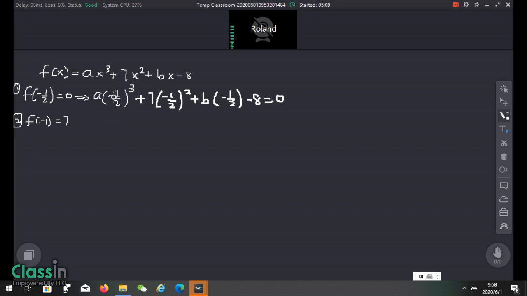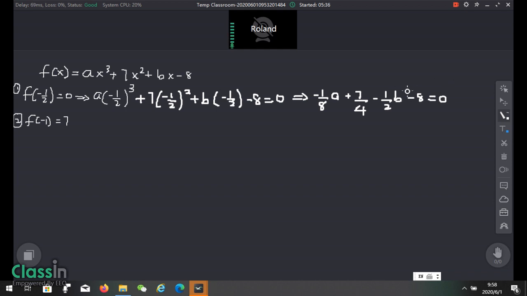So we can simplify this. Negative 1 over 2 to the power 3 is actually negative 1 over 8a. 7 times negative 1 over 4 gives us positive 7 over 4. b times negative half gives us negative 1 over 2b. And minus 8 equals 0.